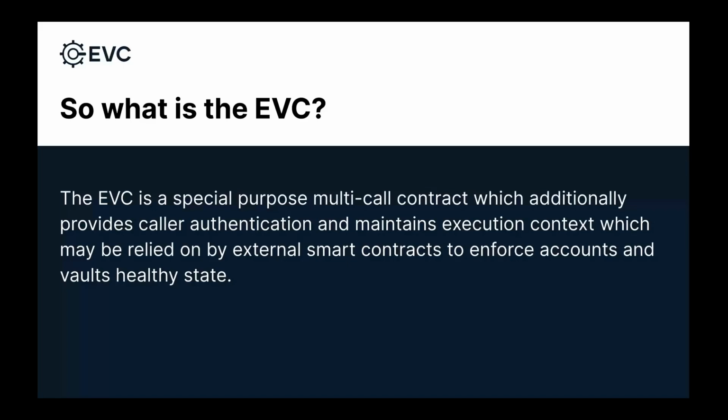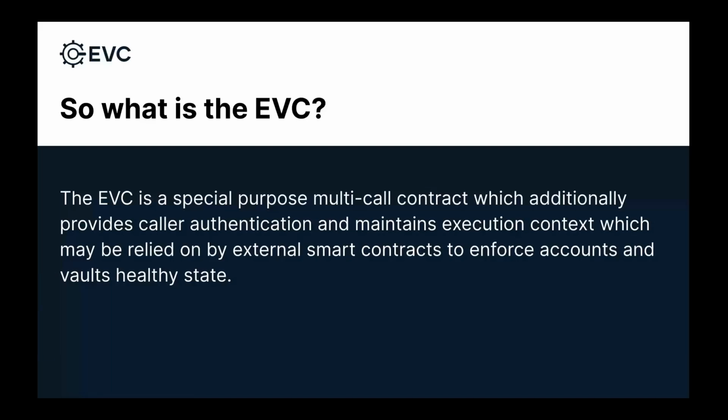And that's quite a complex definition, so let's break it down. I mean multi-call contract because you can perform many operations on many different vaults in a single EVC call.